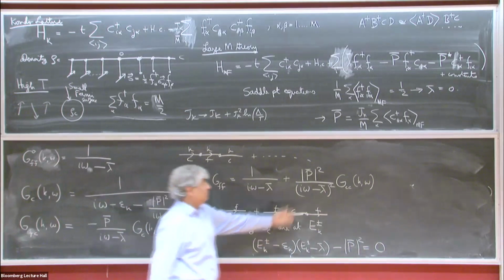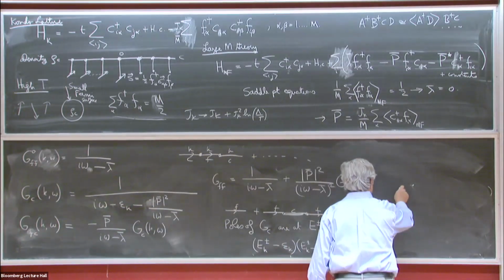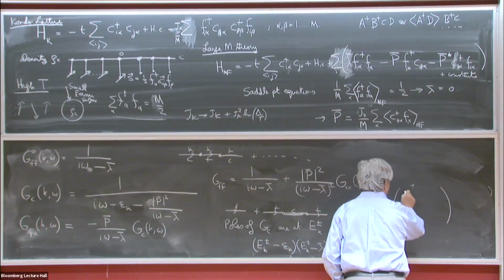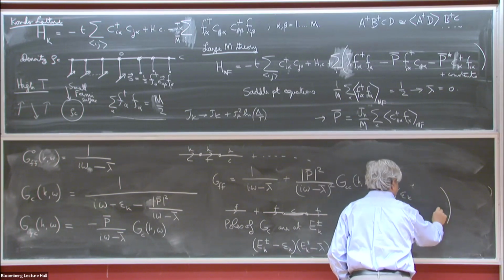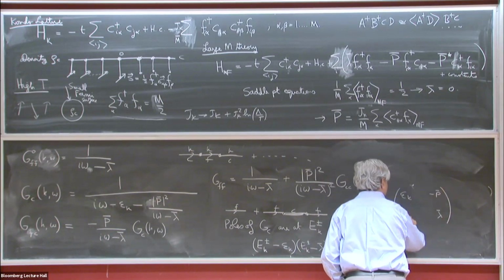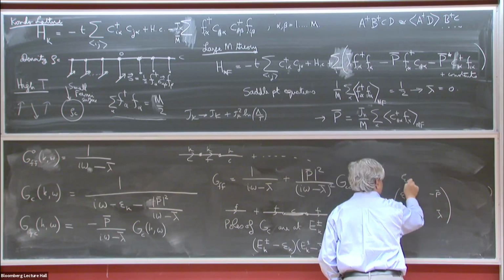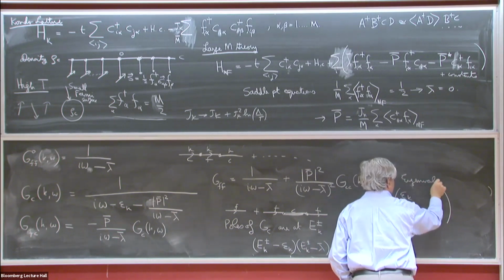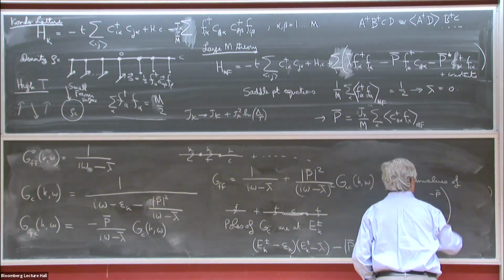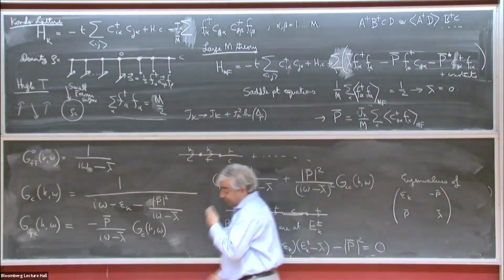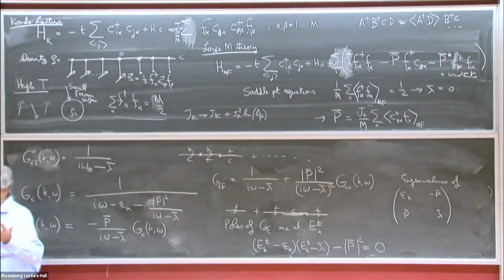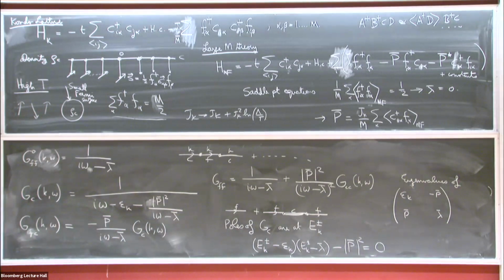Or another way to see this, which you could have already seen from there, these are just the eigenvalues of the matrix with entries epsilon_k, lambda bar, minus P bar. The reason everything is so simple is because of momentum conservation. It's just a 2 by 2 matrix for each momentum k.